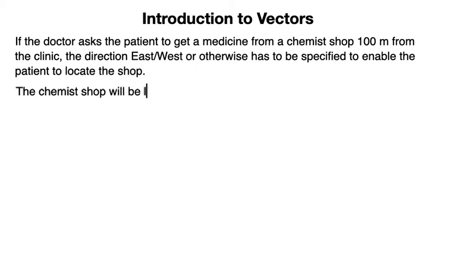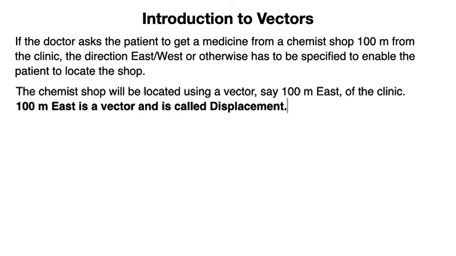So, with distance, the chemist shop will be located using a vector, say 100 meters east of the clinic. Now the patient has to walk in a specific direction, east alone, and cover a distance of 100 meters. So direction and magnitude make 100 meter east a vector quantity.